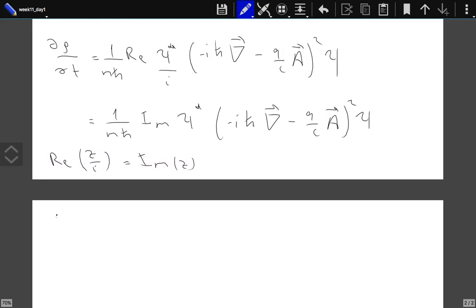Now let us continue. ∂ρ/∂t is equal to 1 over m h bar, the imaginary part of ψ*. Let me open up that parenthesis.